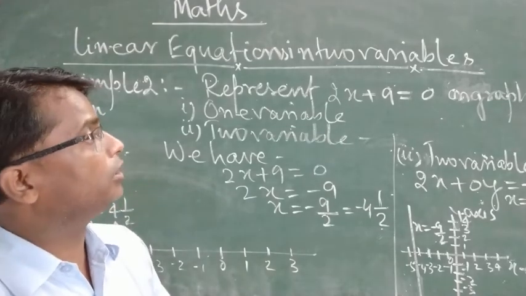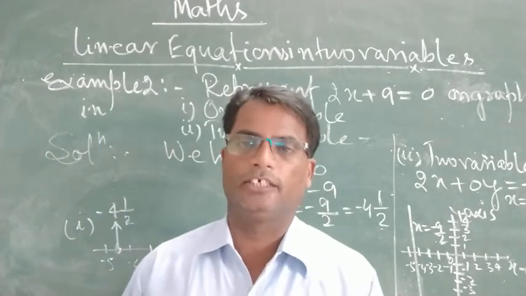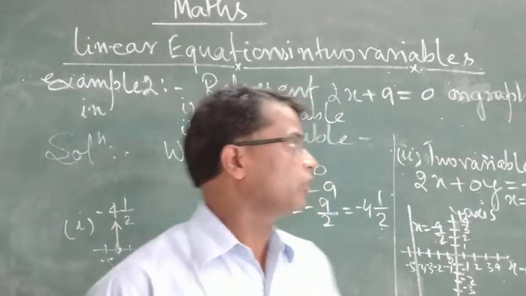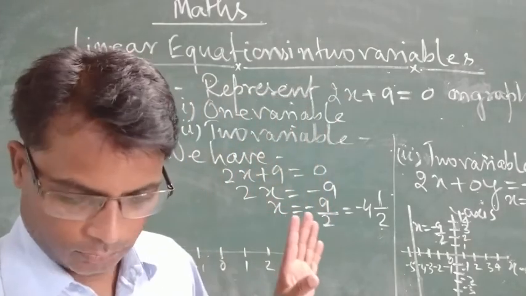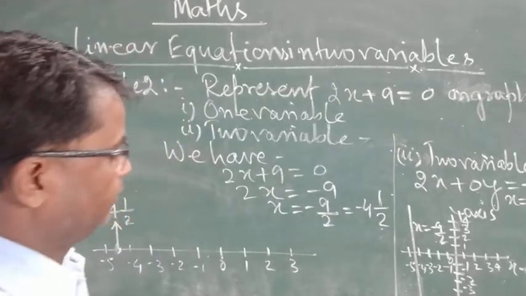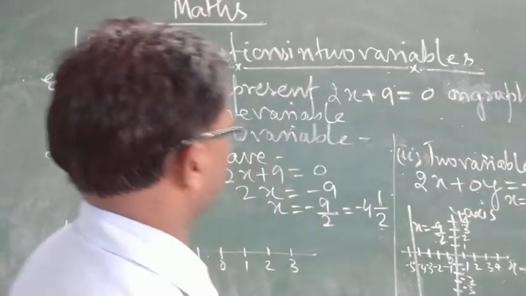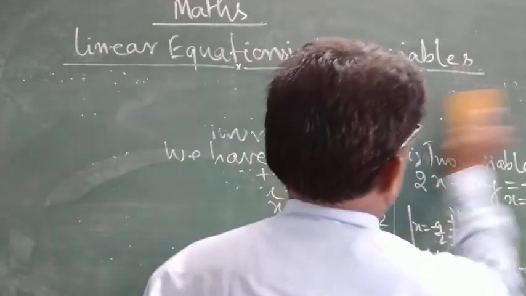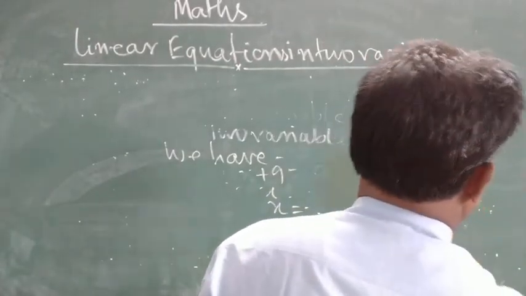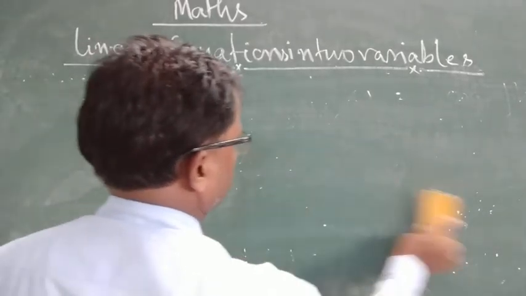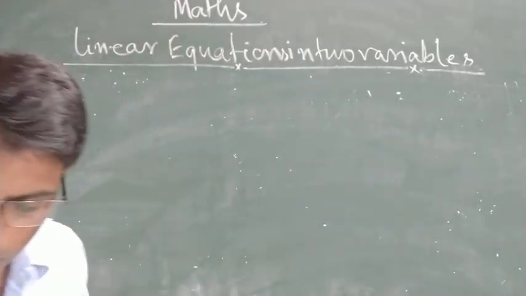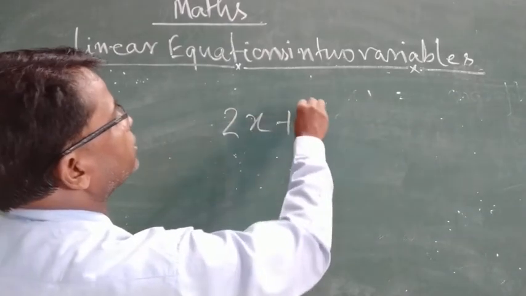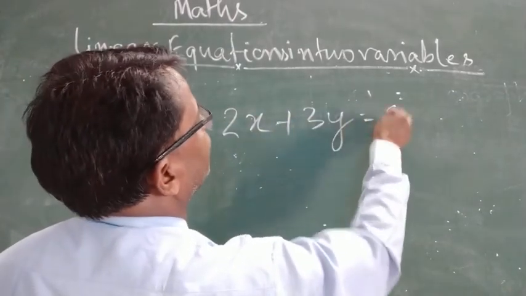Secondly, in this chapter, what mistake do students make? Students always make mistakes in transferring terms of the equation. Suppose an equation is given like this: 2x plus 3y is equal to 5.